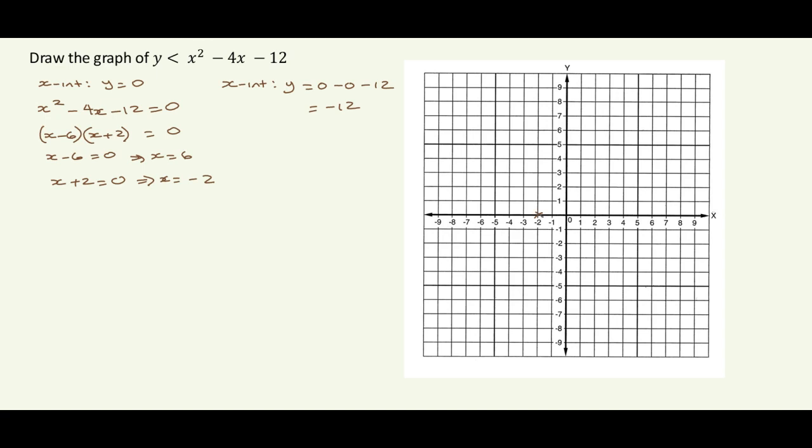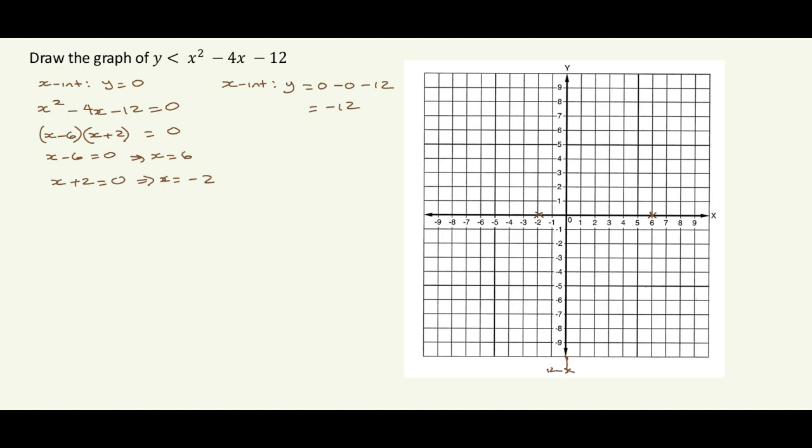We have x equal to positive 6, we have that point right here. So ideally what's going to end up happening, I'm going to just put negative 12 right about here. So we'll extend our line right here. So our graph is going to look like this.